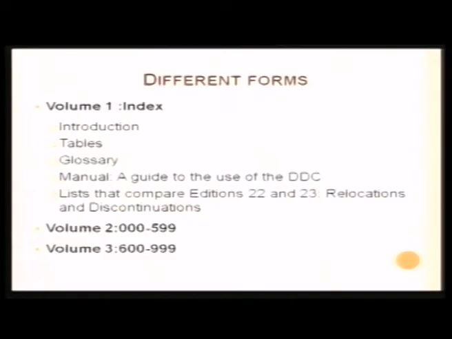Then in volume 1 itself, there are lists which compare editions 22 and 23. That means this volume 1 or index provides details about those numbers which have been discontinued in the 23rd edition. There are some topics which have been assigned different numbers, they have been relocated to different positions. That is all discussed in this list that compares editions 22 and 23.